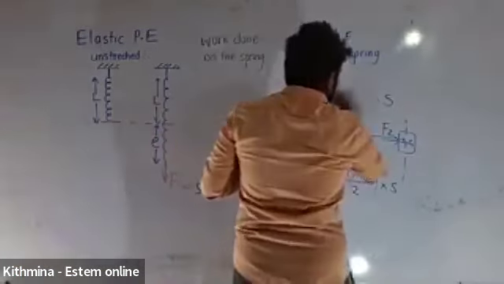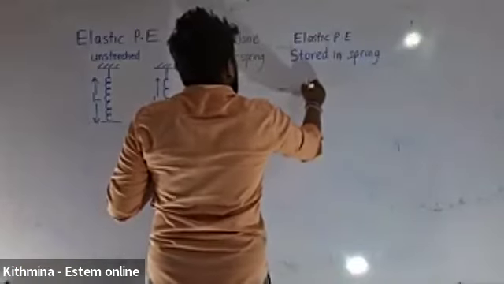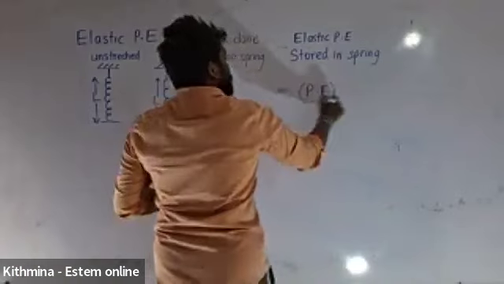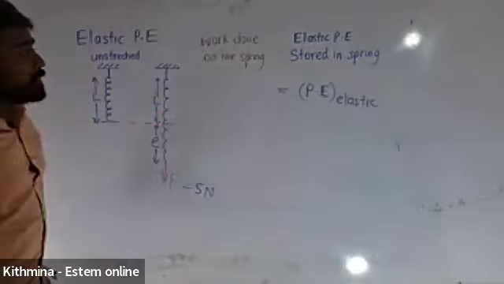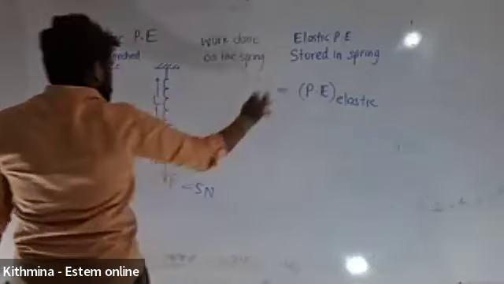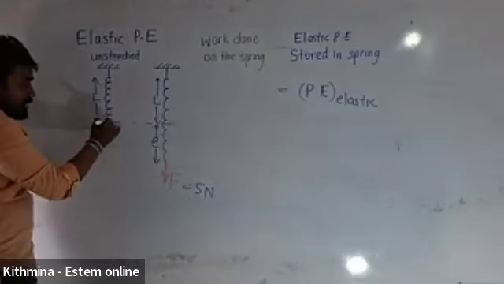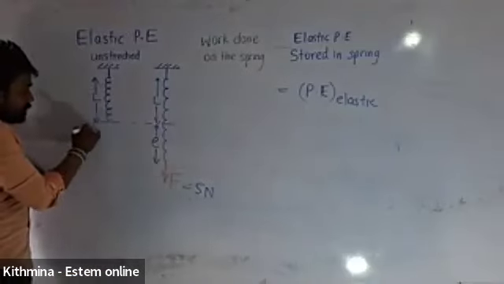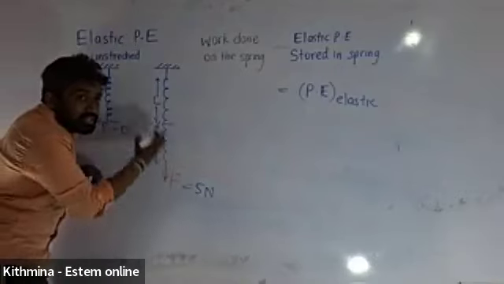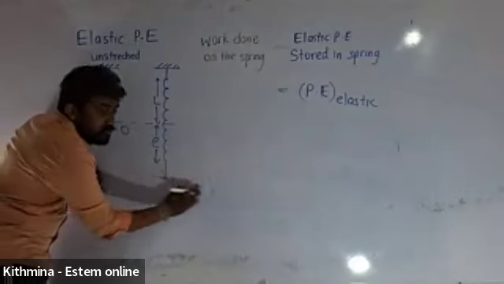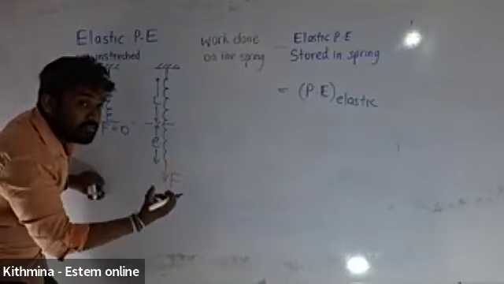Now this is the elastic PE. The work done on the spring: we should get the average force here also. When E equals 0, F equals 0; when the extension is E, the force is F. Then what's the mean force?